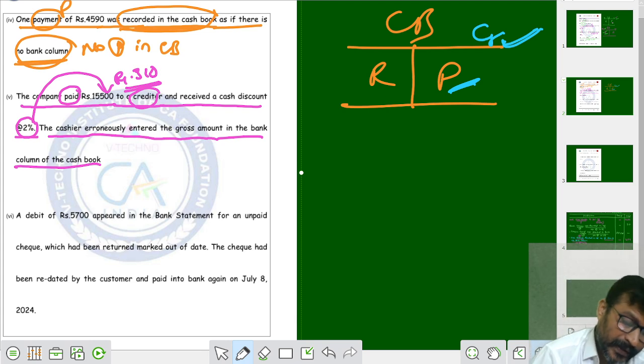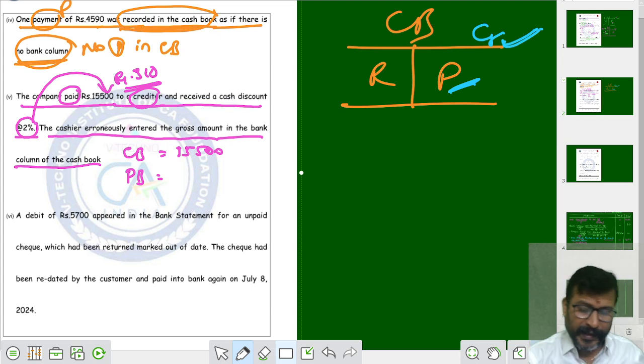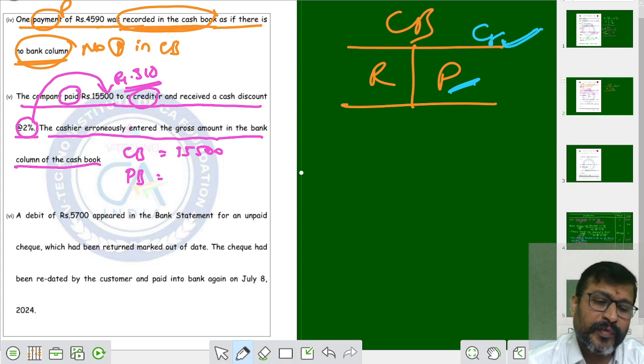See, the cashier recorded in the cash book 15,500. But how much is recorded in the passbook after subtracting the discount? Discount of 310. Take the calculator. Out of 15,500, you subtract 310.